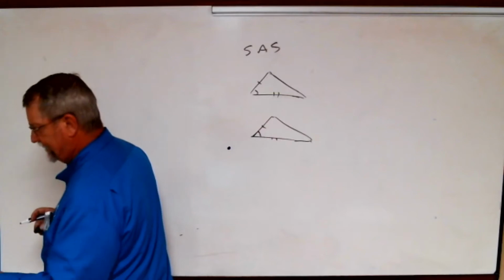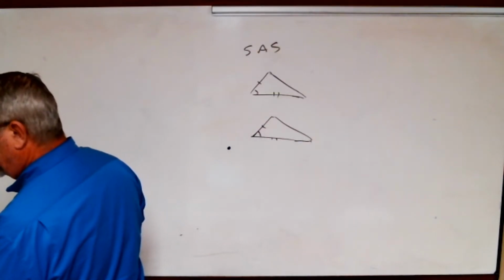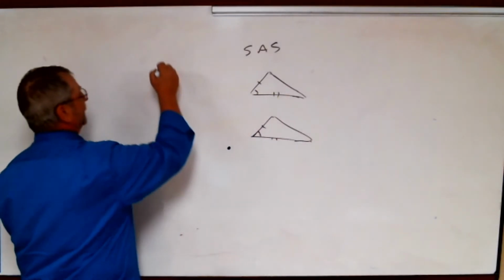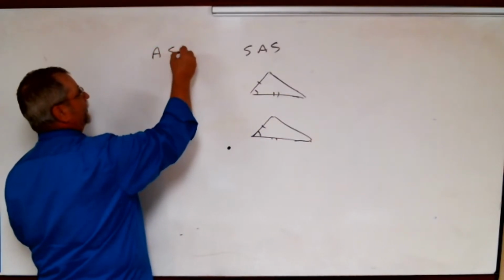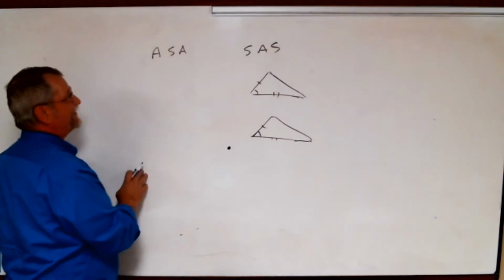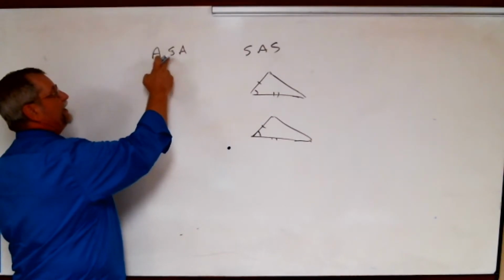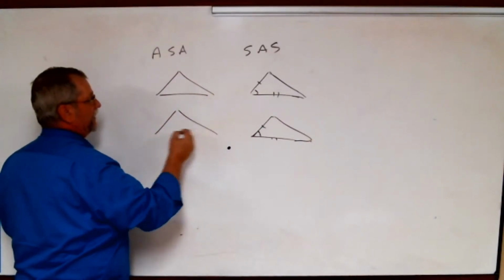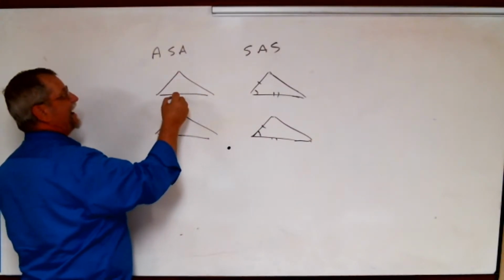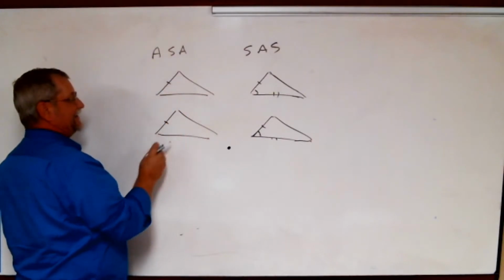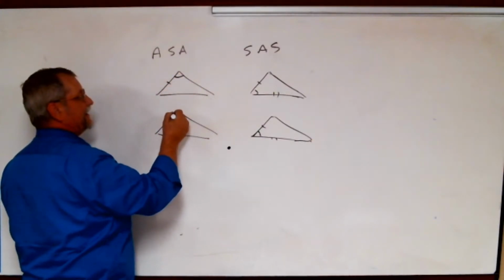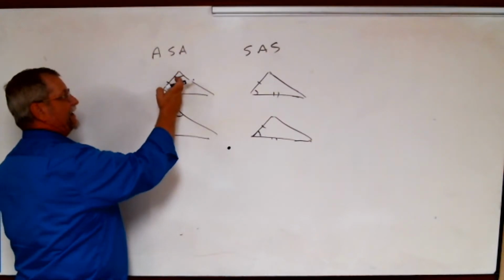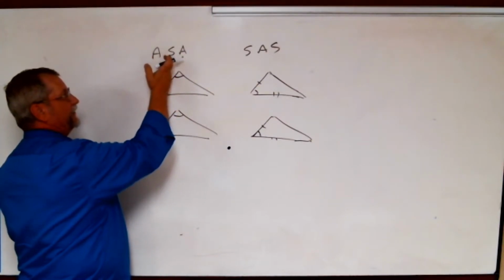Okay, it's page 163. Page 164, we have angle, side, angle, all right? Angle, side, angle. So what this means is we're going to have the side included between two angles. Okay, so I have a side, let's say this side. It's between this angle and this angle that are the same. And this one. It's angle, side, angle.